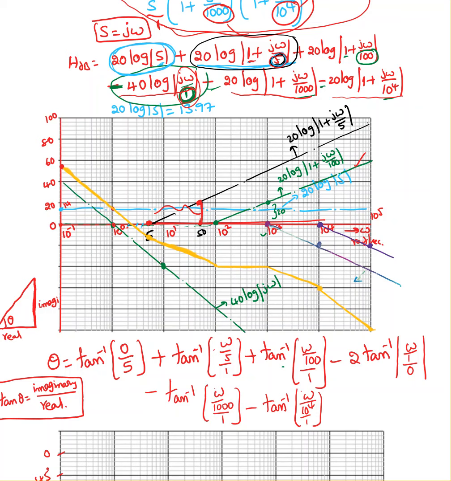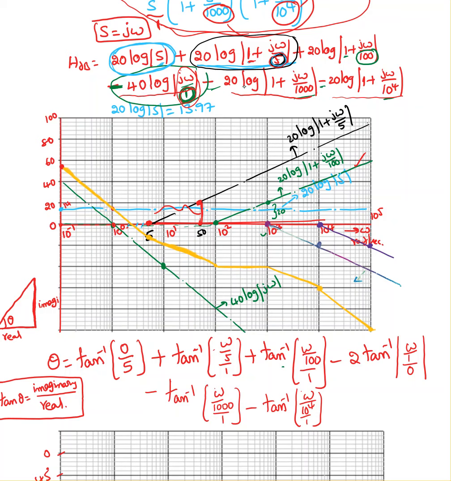It will never be horizontal with the x-axis. So if you don't have a real part, as in this case, then the magnitude plot is always a straight line, always having a slope of either 20 dB per decade or 40 dB per decade. In this case, it has 40 dB per decade because it has a repeated pole.